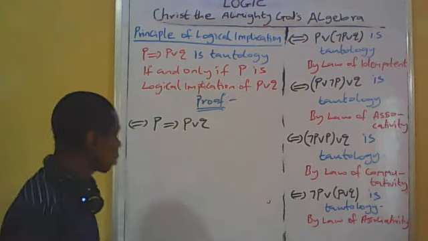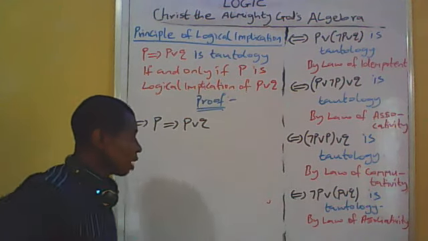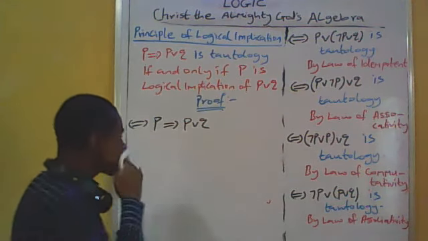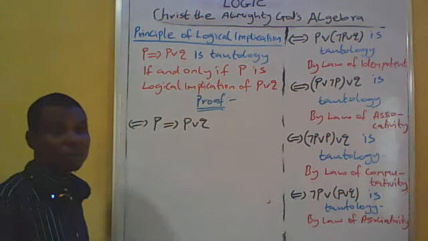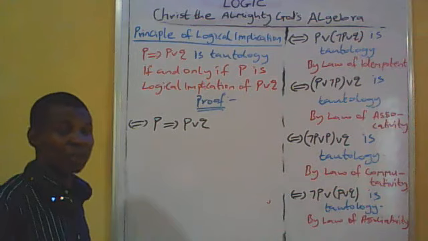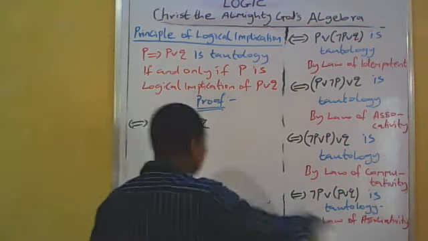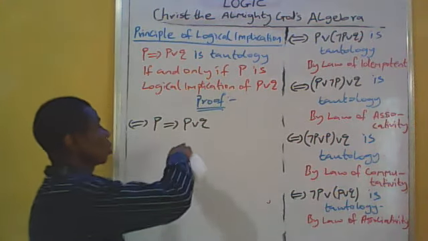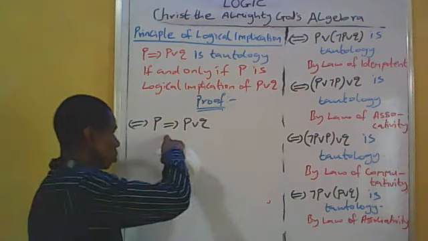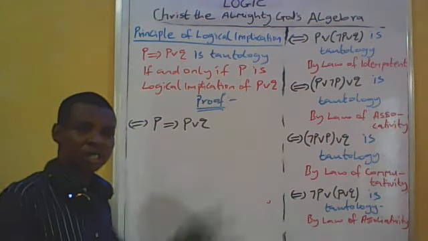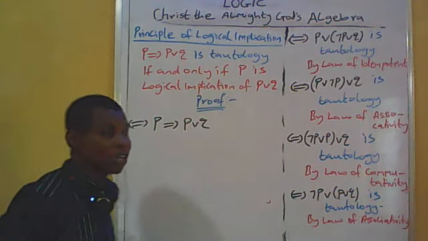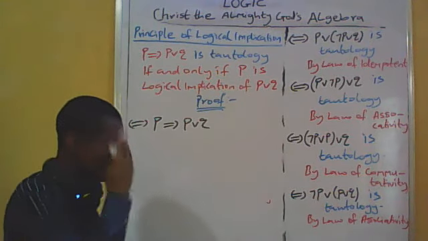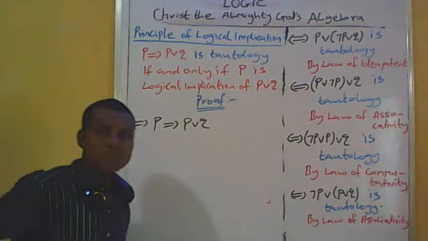So by first implication law, we have transformed this disjunctive statement to conditional statement, and it still preserves logical equivalence. They are logically equivalent. So since they are logically equivalent, is still tautology.